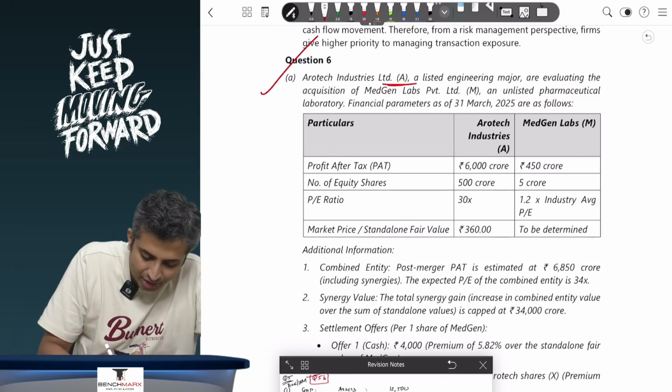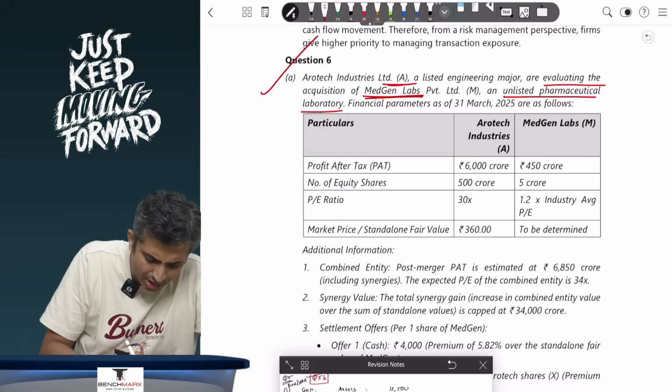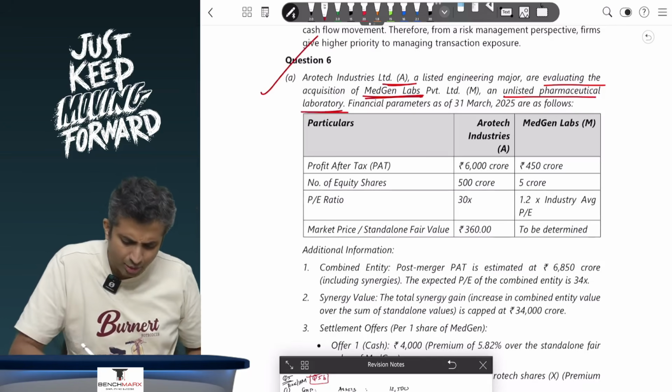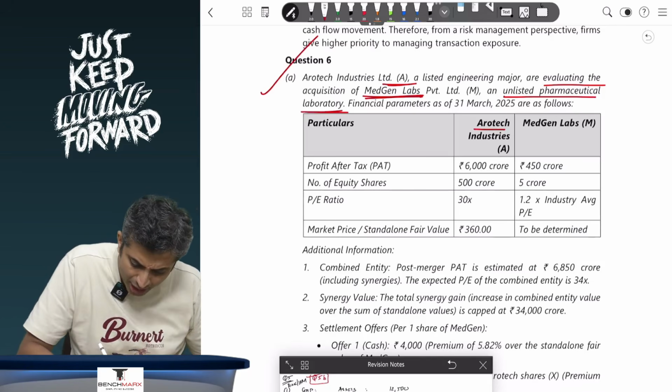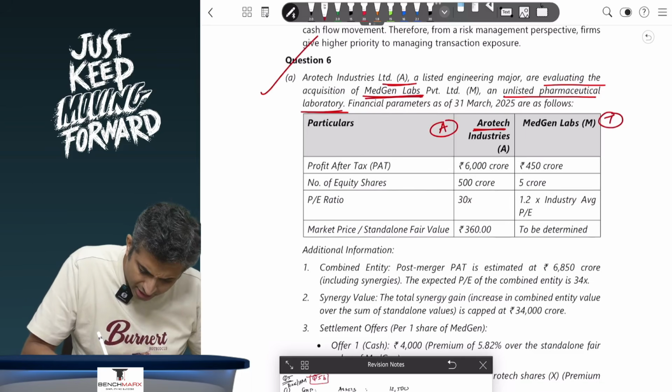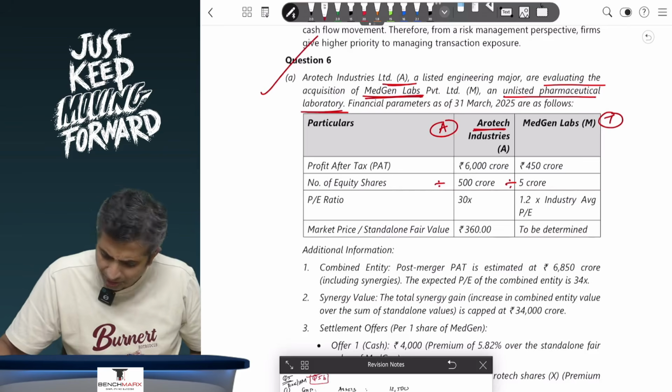Aerotech Industries, a listed engineering major, are evaluating the acquisition of MedGen Labs, an unlisted pharmaceutical laboratory. The financial parameters on 31st March 2025 are as follows. So you have been given for Aerotech, which is the acquirer, and MedGen is the target. This is PAT given, there is the number of equity shares. If you divide this, you can possibly get EPS if that is required.